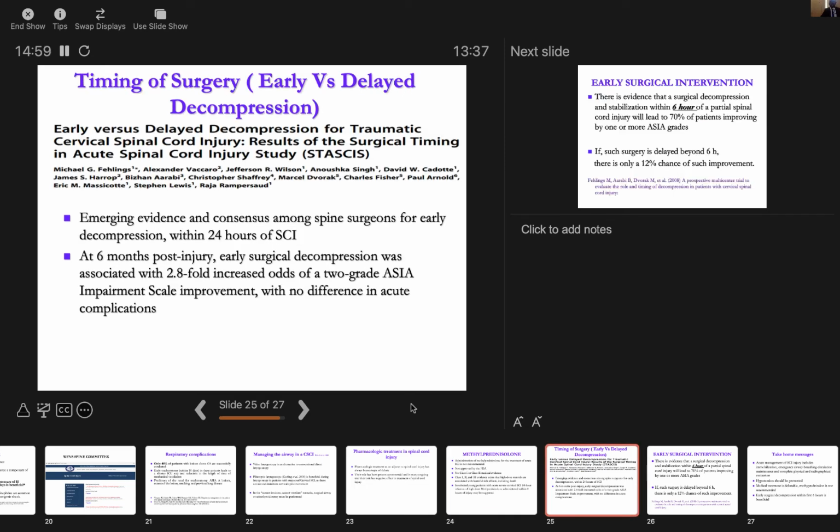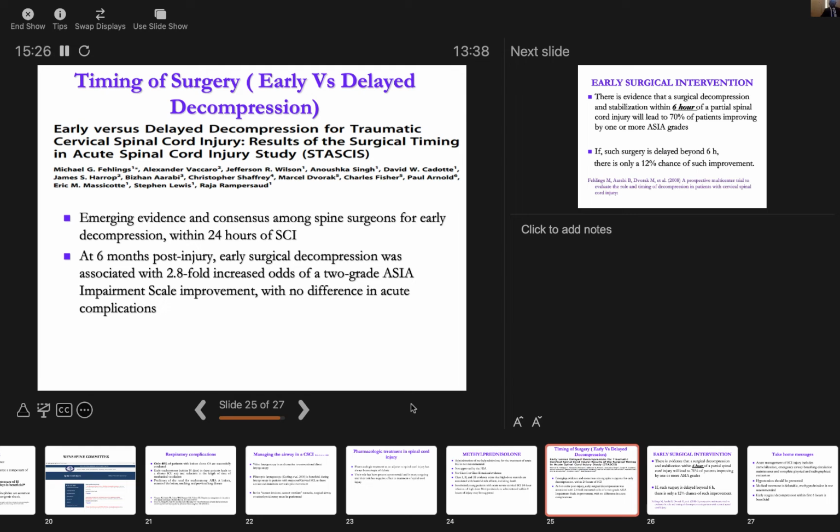And timing surgery is important. More and more studies show that early surgery, early decompression in the first 24 hours is beneficial. It's shown that at 6 months post-operatively, early surgical decompression was associated with a 2.8-fold increase in 2-grade ASIA impairment scale improvement with no difference in acute complications.